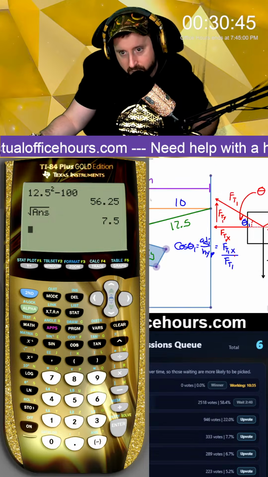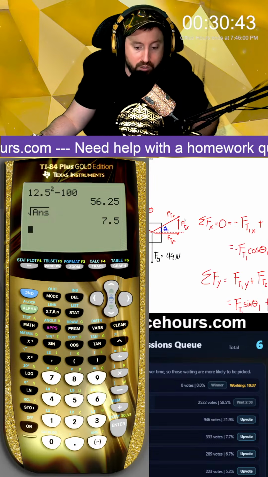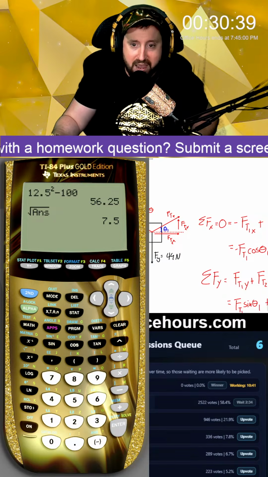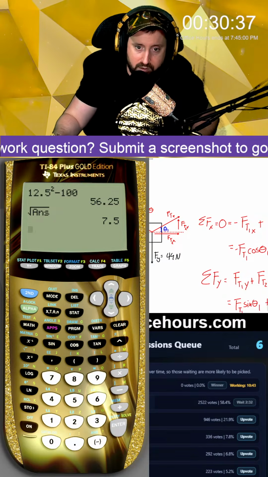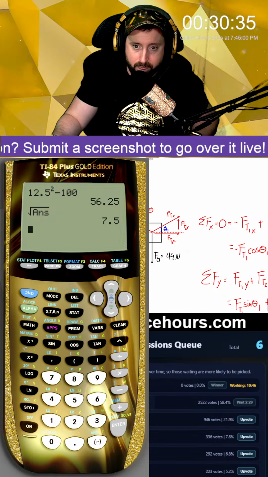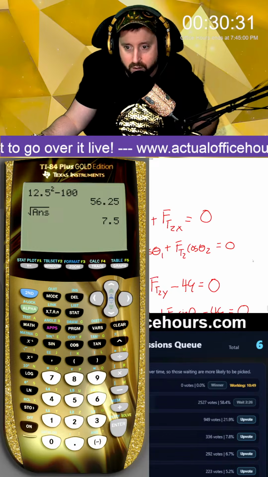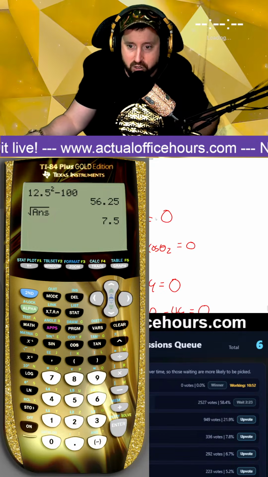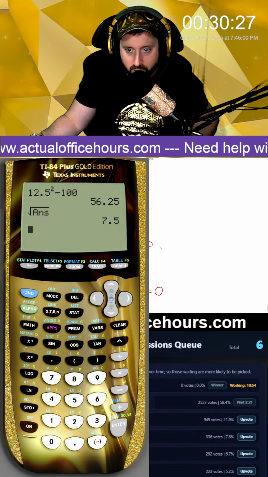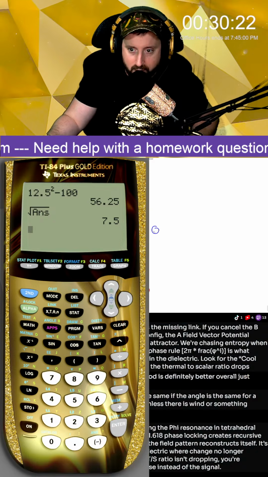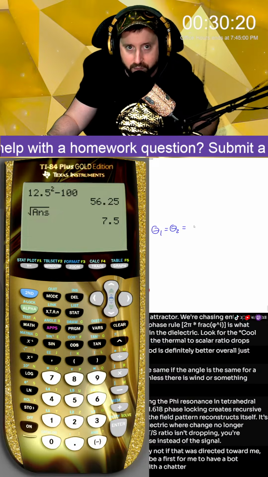Okay, that's the height. And the thing you should notice here, and this is why I jumped straight ahead and said the tensions are the same, is that these angles are the same. Do you see how theta 1 and theta 2 are the same? Because it's the same triangle. Geometry, good. Okay. So now, when I rearrange here, let me just say theta 1 equals theta 2 just equals theta.